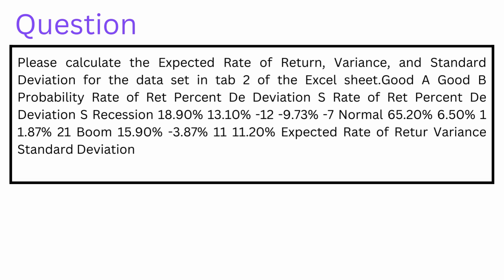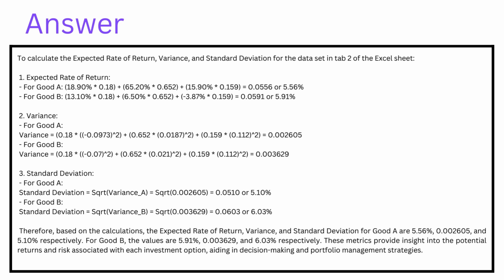Expected rate of return, variance, standard deviation. The correct answer is to calculate the expected rate of return, variance and standard deviation for the data set in tab 2 of the Excel sheet.